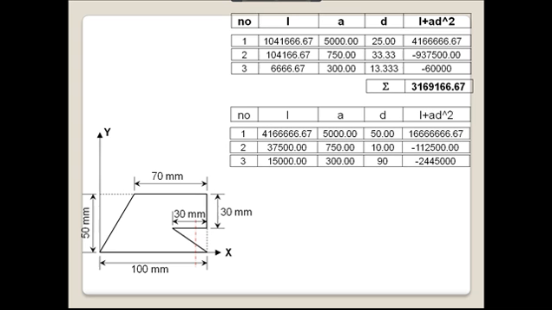We do I plus AD square, sum it up algebraically, and we have the answer 14109166.67 as the moment of inertia of this figure about the y-axis, which is shown, and the earlier number 3169166.67 is the moment of inertia of this area about the x-axis.